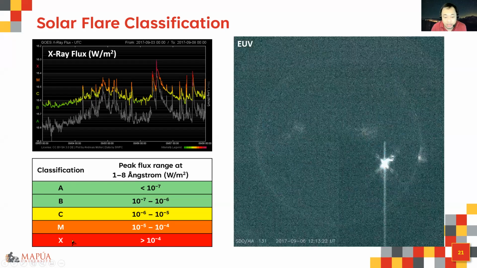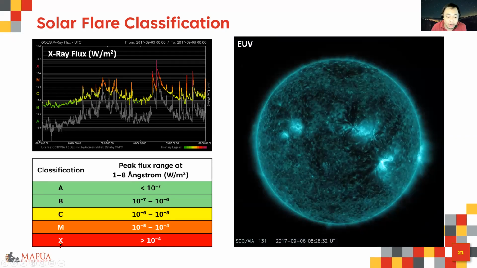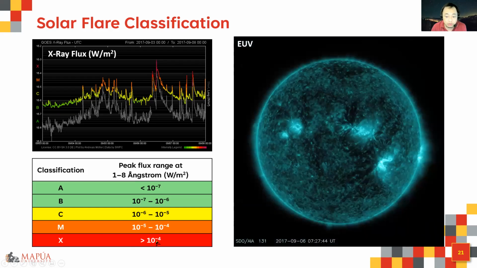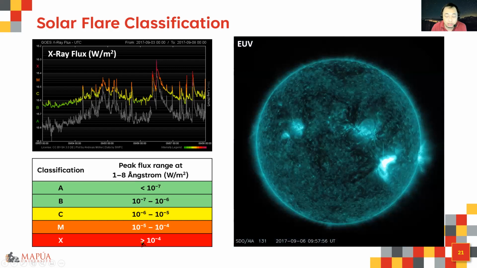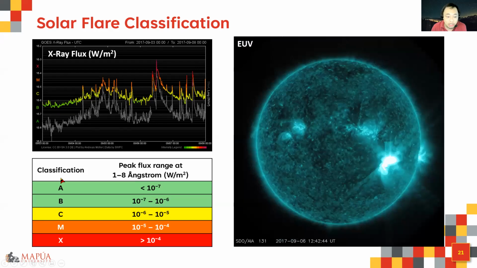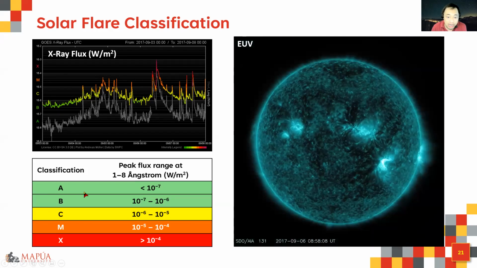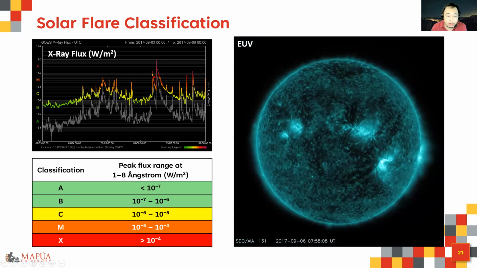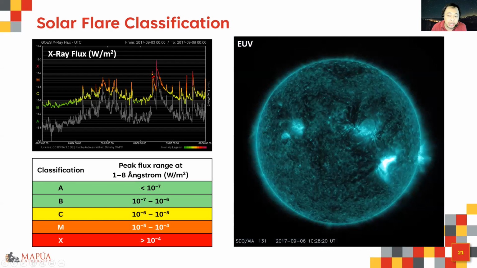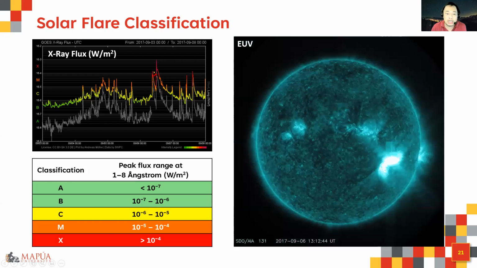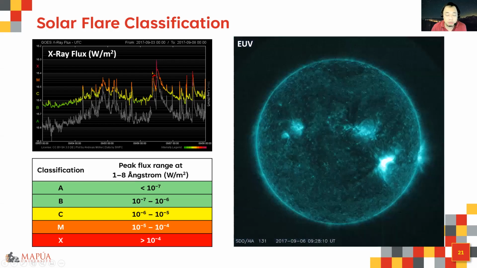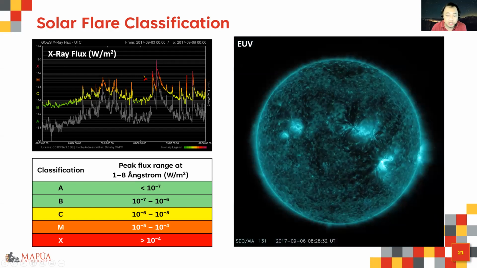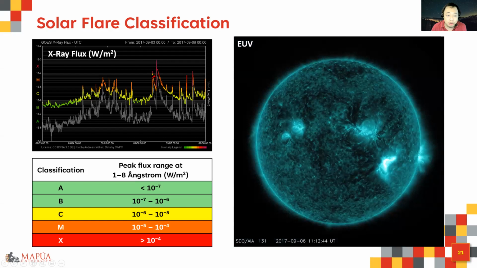Okay. The coefficient of that flux will be added to the classification. So for example, this solar flare is actually X1 class. That means the magnitude of the X-ray flux is 1 times 10 to the negative 4.